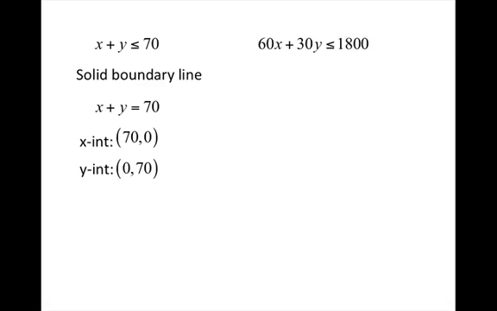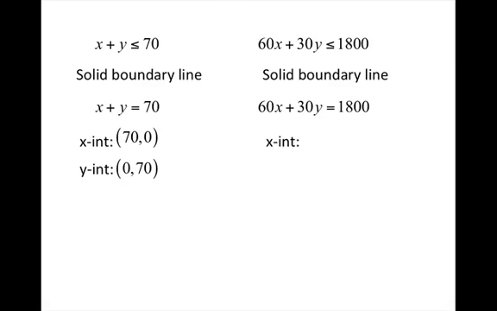Then my next boundary line is 60x plus 30y is less than or equal to 1800. This is also a solid boundary line. So I want to find my x-intercept. For the x-intercept, let y be 0. If y is 0, I have 60x equals 1800. If I divide each side by 60, I get that x equals 30.